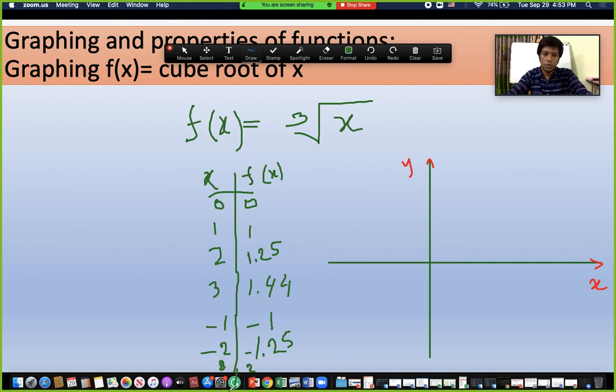And if we put minus 8, it will be minus 2. So this is our 1. Although we may not be able to put this big value, 1, 2, 3, 4, 5, 6, 7, 8.